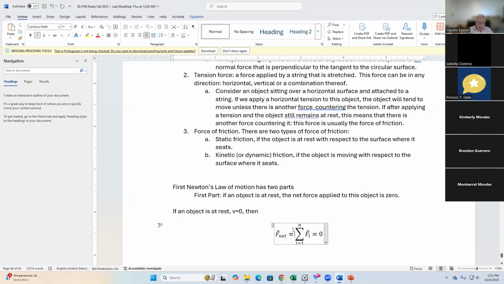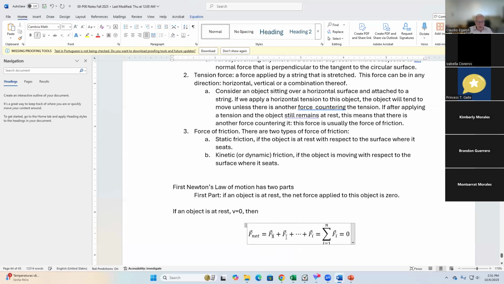And the net force means force 1 plus force 2 plus force 3 plus force 4 until force n.